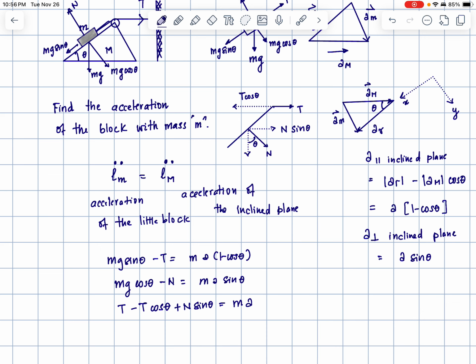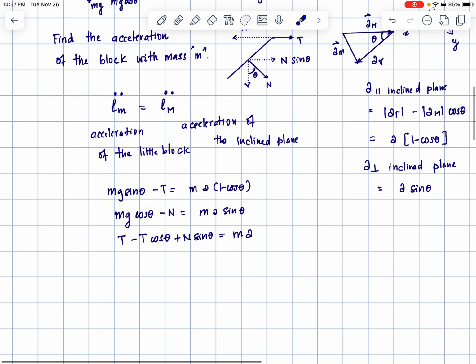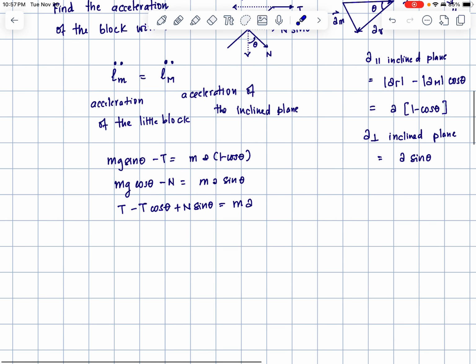That is equal to a sub m, and a sub m is equal to a because of the constraint equation that we have set up. So these are the three equations that need to be solved.